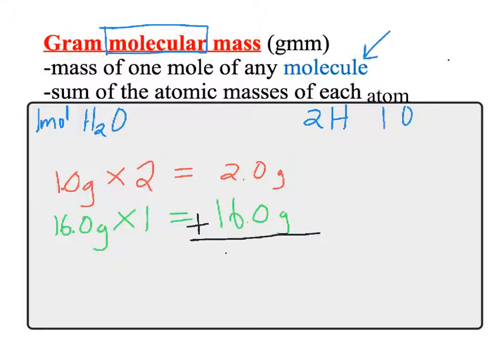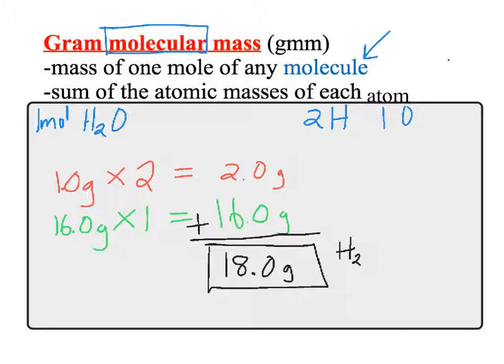And in this case, we're going to get a molar mass of 18.0 grams, and that would be the weight of water if I had 1 mole. So this will be grams per mole of water.